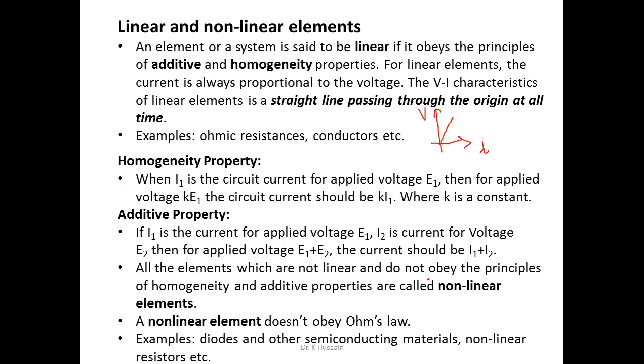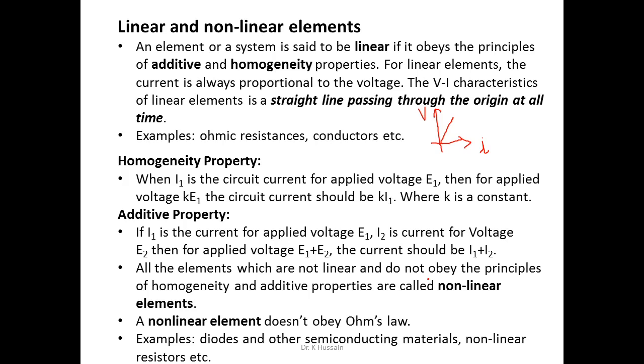All the elements which are not linear and do not obey the principles of linearity, that is, additive property and homogeneity property, are called nonlinear elements. A nonlinear element does not obey Ohm's law. Examples: diode and other semiconductor materials.